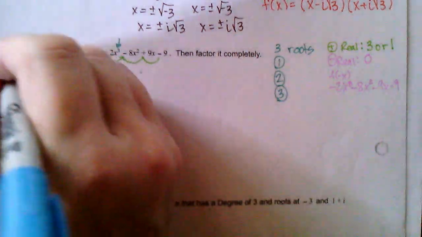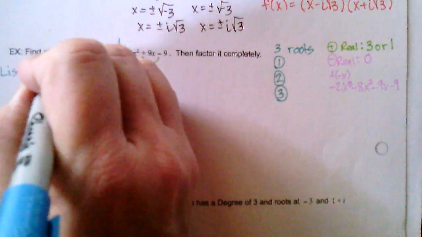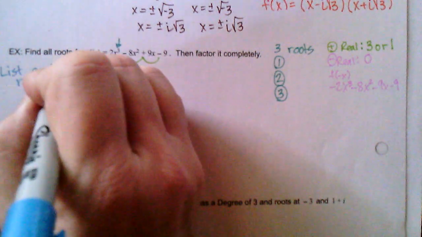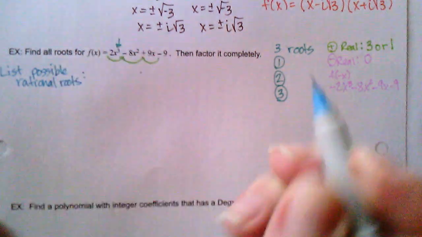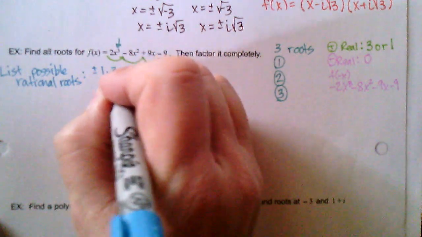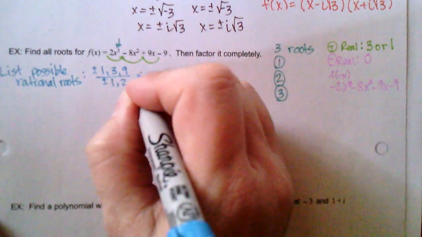So I will list my possible rational roots. So it would be factors of 9. So 1, 3, and 9 over factors of 2, 1 and 2.